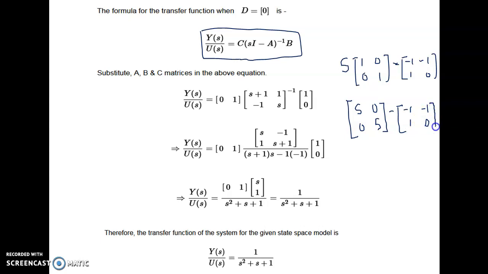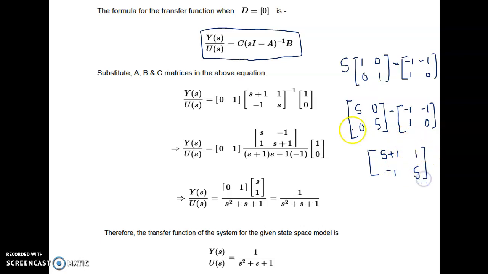So the resultant matrix will be: s minus of minus 1, which is s plus 1. 0 minus of minus 1, which is plus 1. 0 minus 1, which is minus 1. And s minus 0 is s.